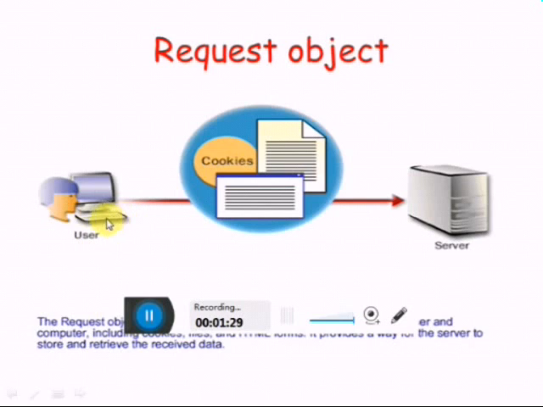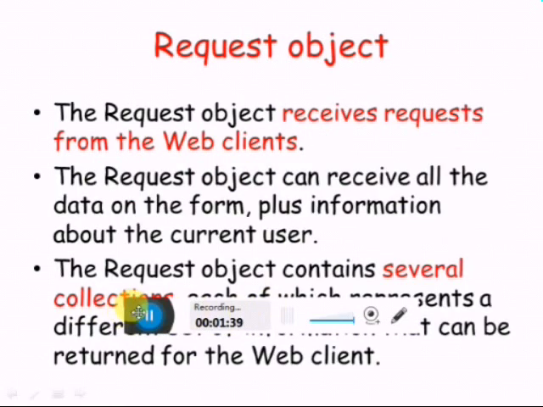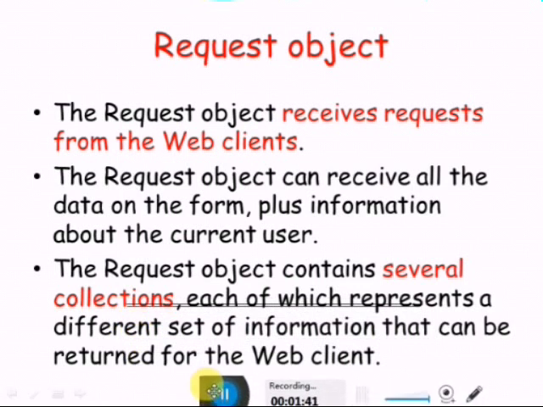There also the request object is invoked from the web clients. So the request object can receive all the data on the form plus information about the current user. The request object contains several collections, each of which represents a different set of information that can be returned from the client.